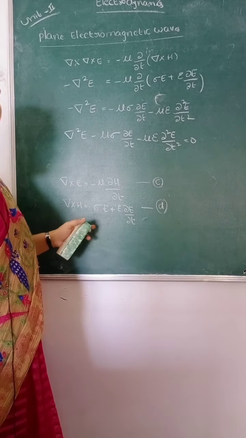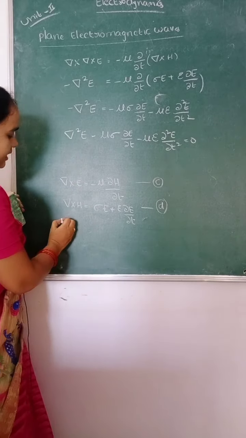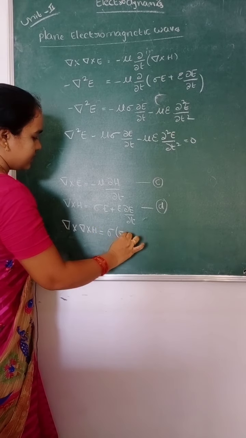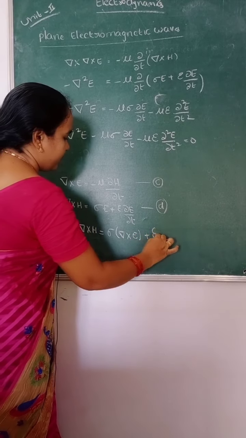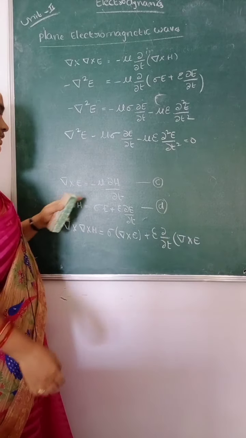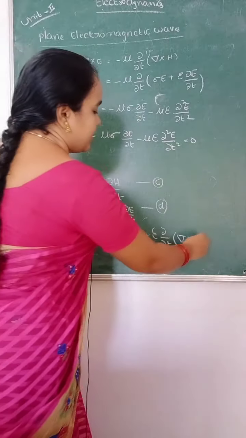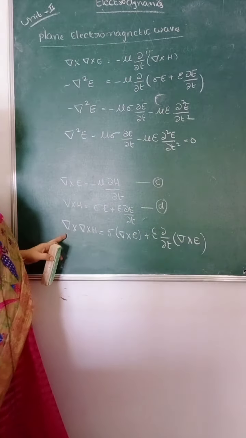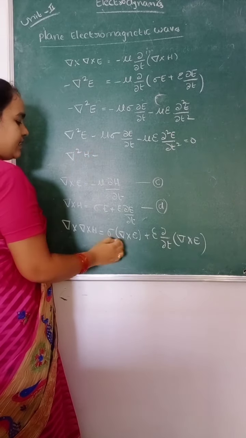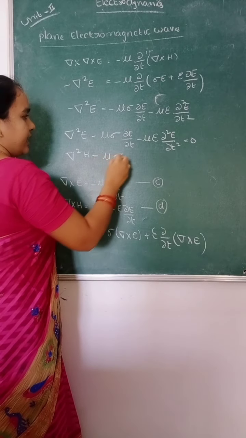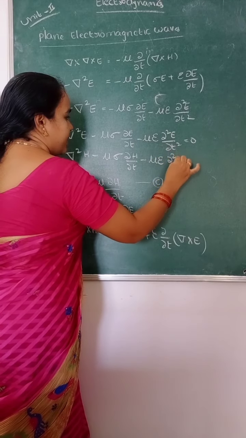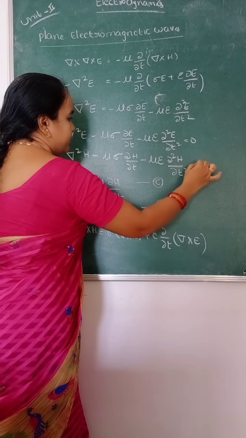Similarly, take the curl of the fourth equation, that is del cross H is equal to sigma E plus epsilon dou by dou T of E, so taking the curl, del cross E is minus mu dou H by dou T. And del cross del cross H is minus del square H. Similarly, we get del square H minus mu sigma dou H by dou T minus mu epsilon dou square H by dou T square is equal to 0.